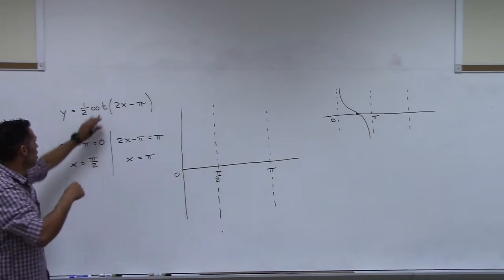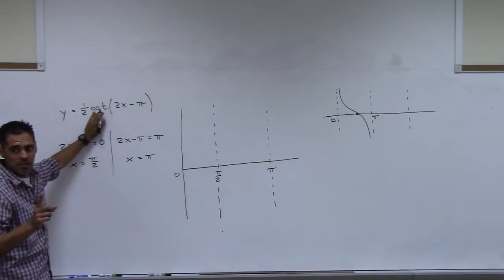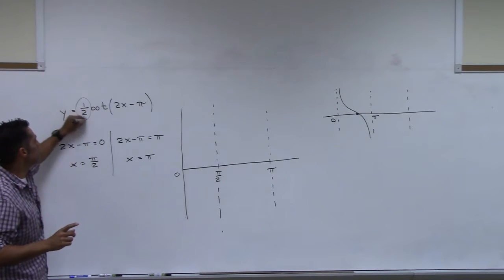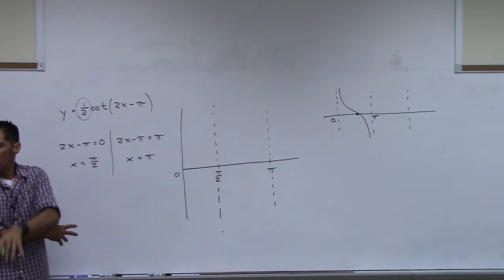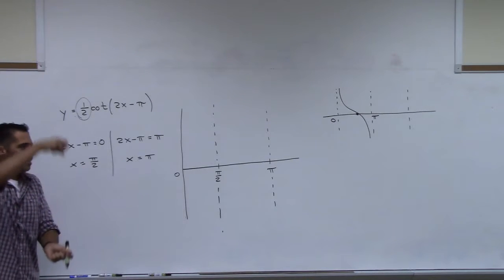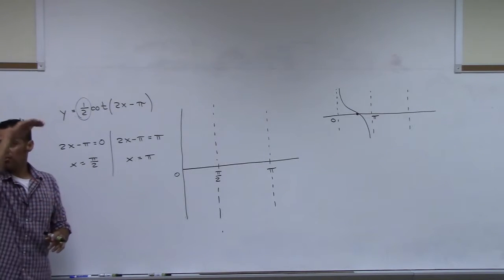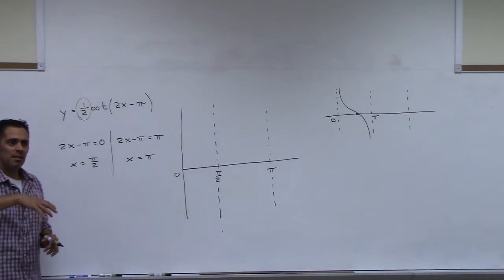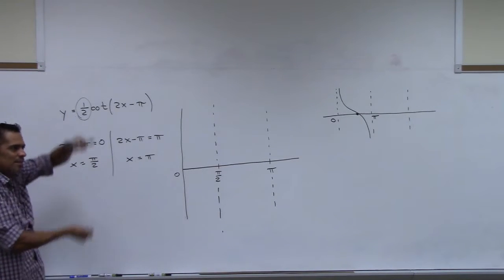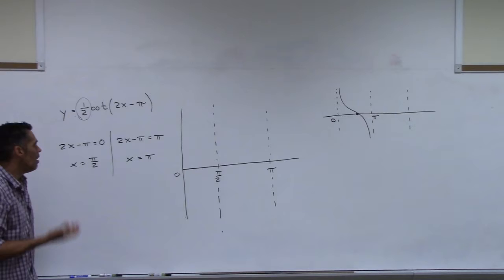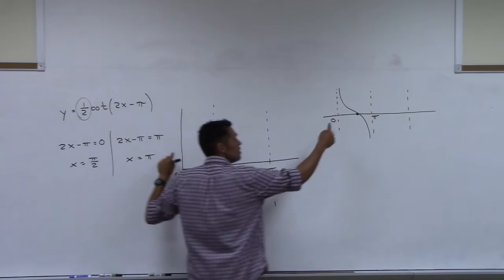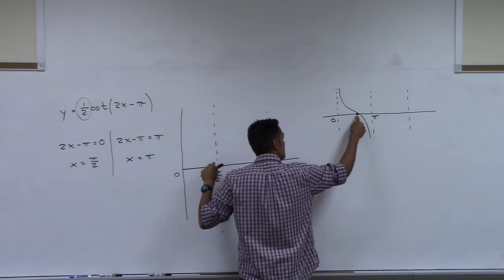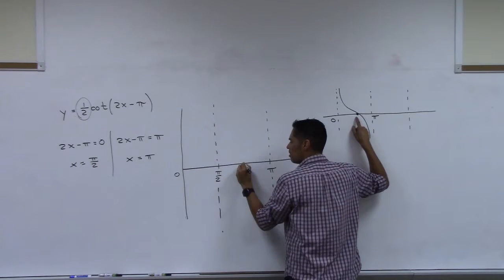Now with cotangent and tangent, I said not to worry about this piece, other than the fact that if it's negative, it would flip it over. Otherwise, don't worry about stretching it out, because you don't have an amplitude like you did on sine and cosine. It's hard to visually see a stretch. All I would want here is for you to recognize that because this is a positive number, it's still going to look like this, and you need to find the point in the middle, which is the midpoint.